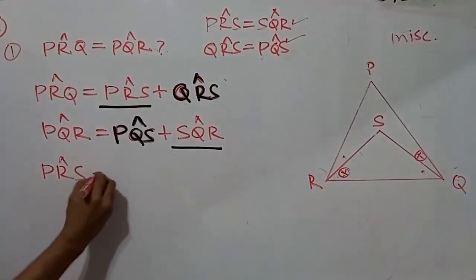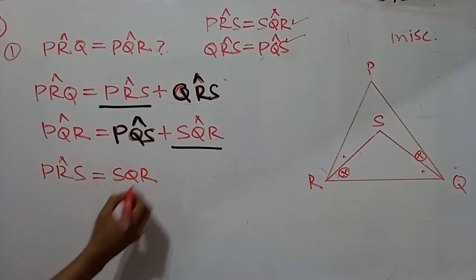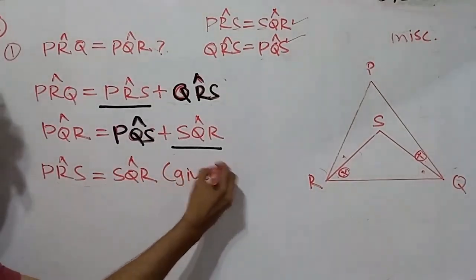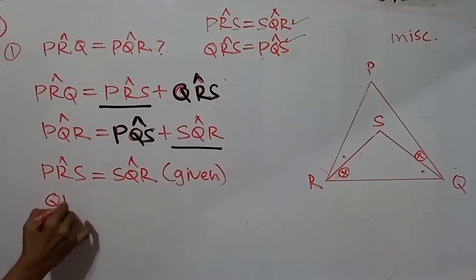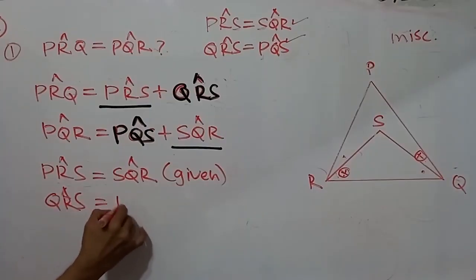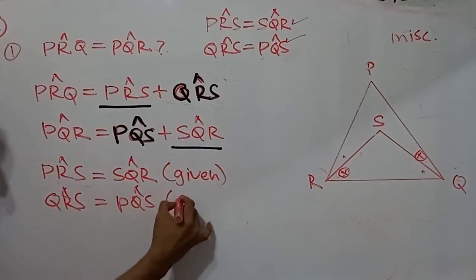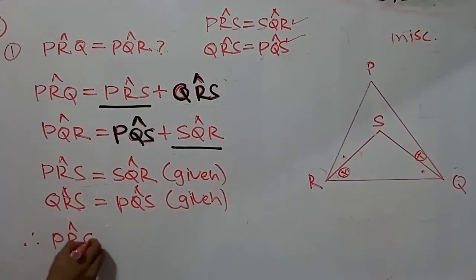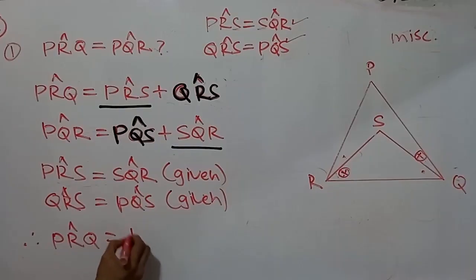PRS is equal to SQR angle. So this is given or data. Then QRS is equal to PQS. This is also given. That means what? Therefore, PRQ angle is equal to PQR angle.